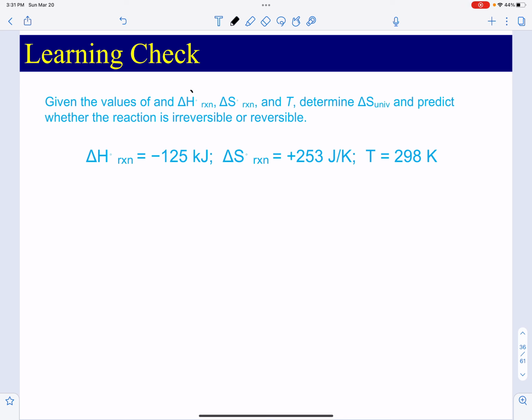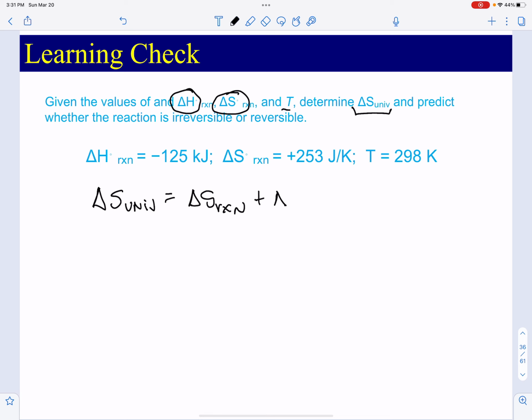Given the values of enthalpy of the reaction, entropy of the reaction or entropy of the system, and the temperature, let's determine the entropy of the universe. And the entropy of the universe is going to be the change in entropy of the system, in this case the reaction, plus the change in entropy of the surrounding.